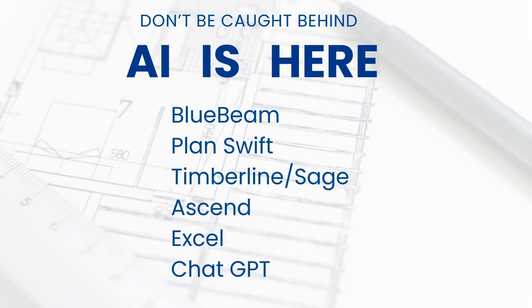And Excel is the foundational grandfather of all software. So all of this other software has to be compatible with Excel, so you can easily copy and paste what you need into an estimating program.